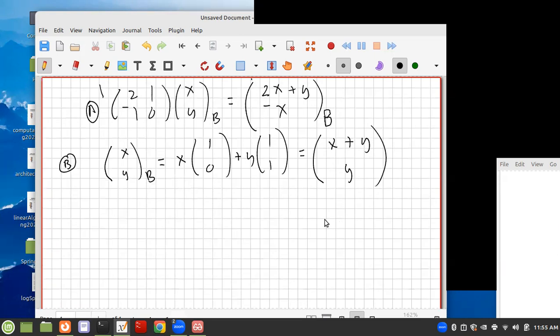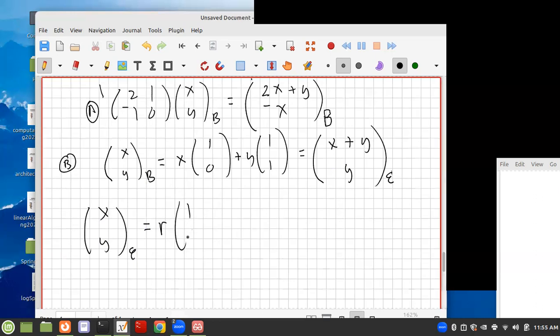So if I wanted to start from some vector, I'd have to go the other way. I can go back and forth, or I could ask: if I want to start from some vector here, in the standard basis, what is that in terms of basis B?